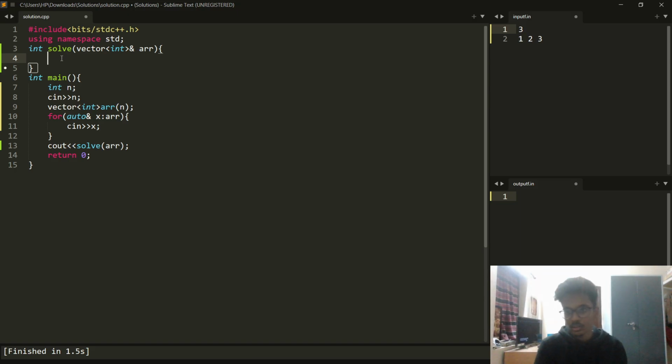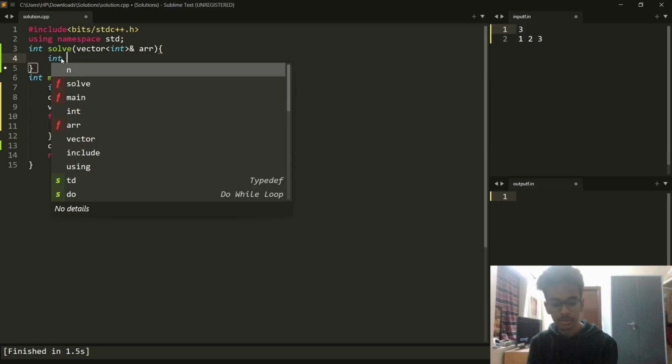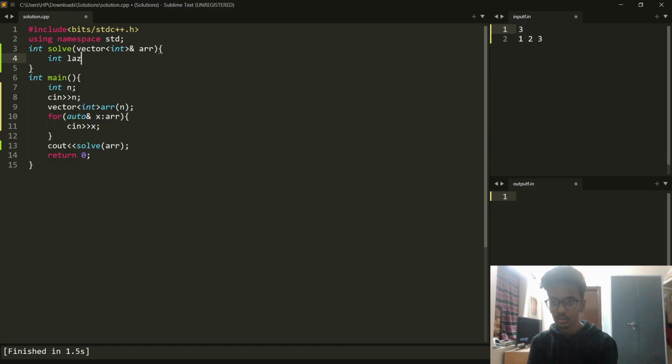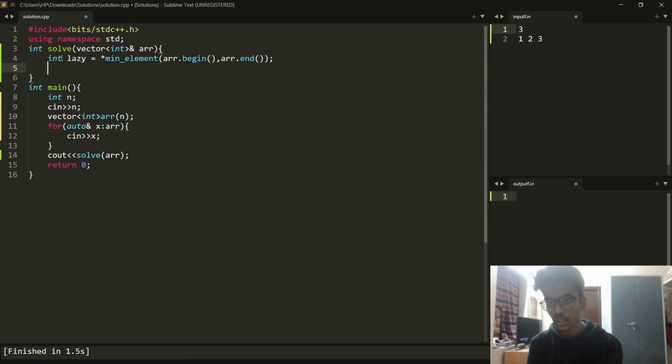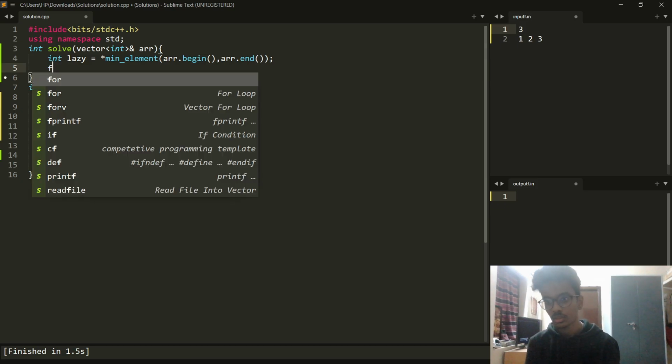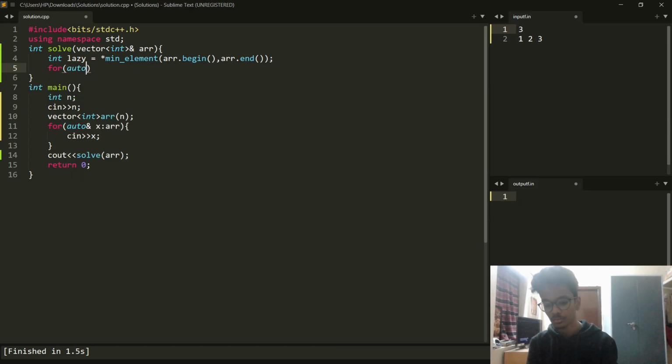All right. So in case of only decrement, the minimum element would be the lazy element. So lazy equal to the minimum, and you would be iterating over the array.